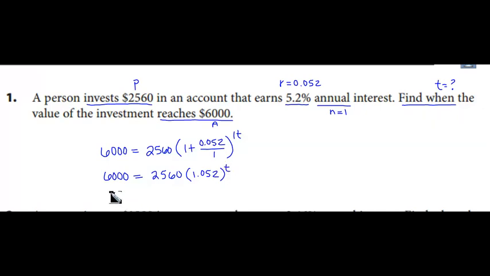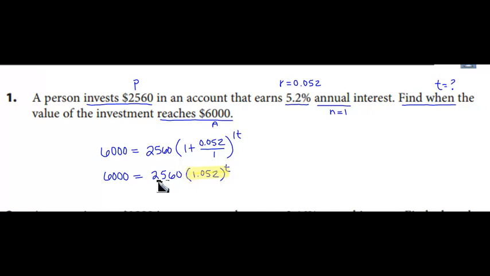In this case, I know I want to solve for t, but t is an exponent. My variable being an exponent gives me a couple options, and one of my options is to use logarithms. In my previous problems that I've worked with you, I told you should identify the part of the problem that you want to solve for and then isolate that.